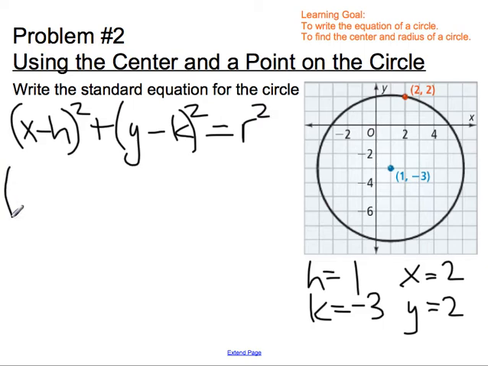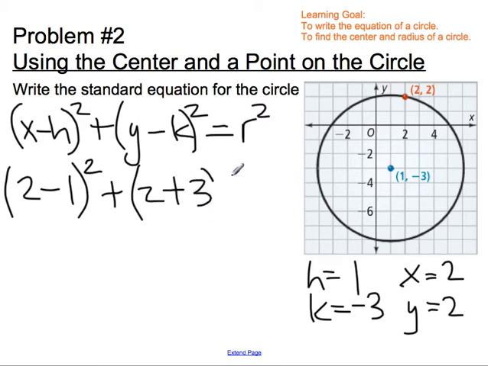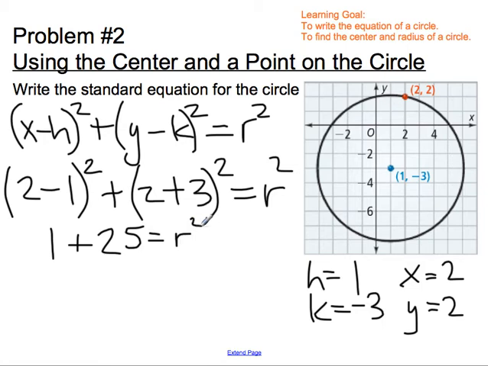We have x, which is 2, minus h, which is 1 squared, and we're going to add to that y, which is 2, minus negative 3 squared, and that's supposed to equal r squared. So 2 minus 1 is 1, and 1 squared is 1, plus we have 2 plus 3, which is 5, and 5 squared is 25. So we have 25 plus 1 equals r squared. So r squared is actually equal to 26.